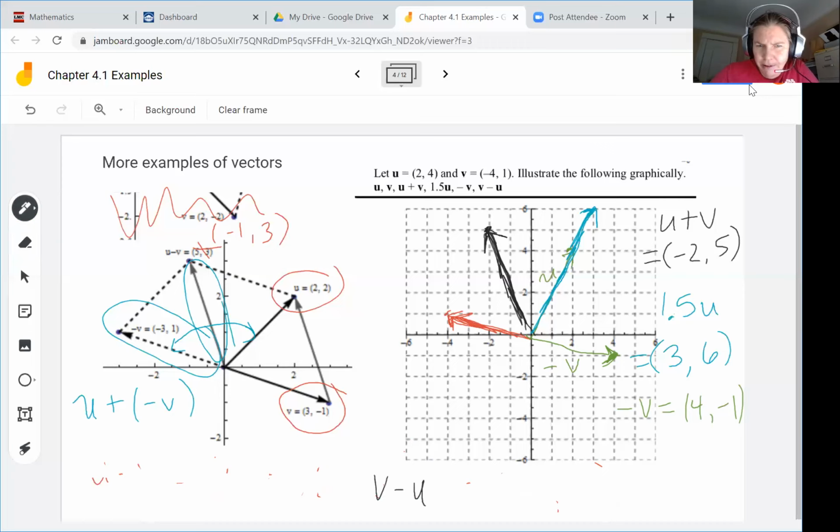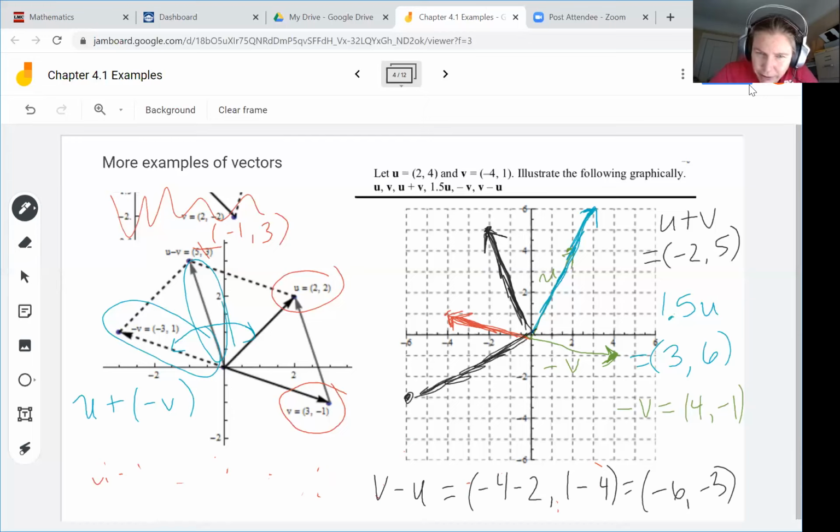So v minus u is going to be -4 minus 2 in the first component, and 1 minus 4 in the second component. So v minus u is going to be -6 and -3. So x is -6, y is -3 down here in quadrant 3. And so that's this vector. And I've drawn a perfectly straight line.